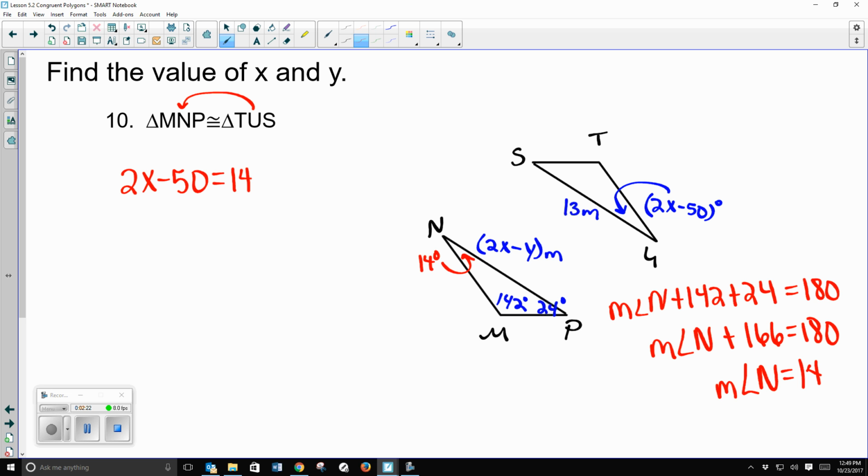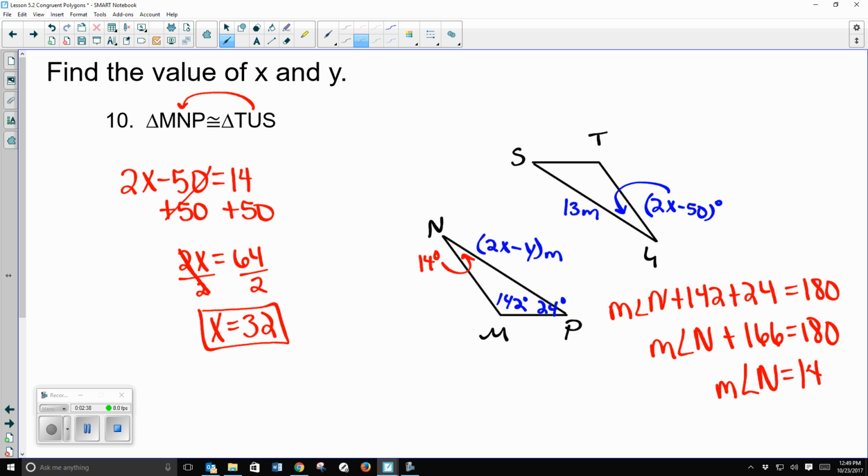So add 50 to both sides. Divide both sides by 2. So we have x. Now we have to find y.